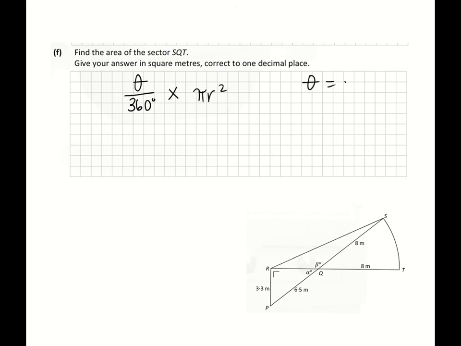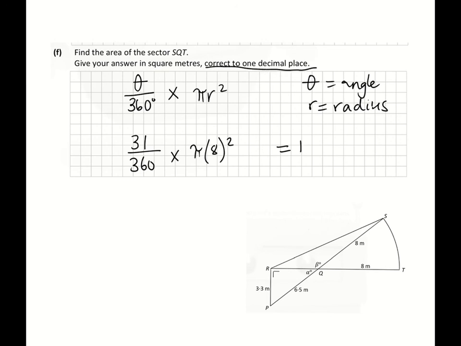Again, theta is your angle and r is the radius. So we're going to have 31 over 360 multiplied by pi 8 squared. And if you put that into your calculator and it wanted it correct to one decimal place, you get 17.3 meters.